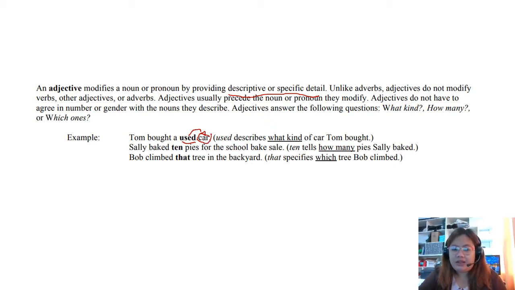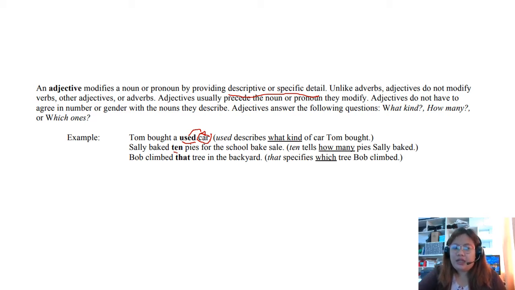By the way, class, you might get confused because used is a verb. However, this verb is in its past participle form, and past participle verbs are used as adjectives in sentences.